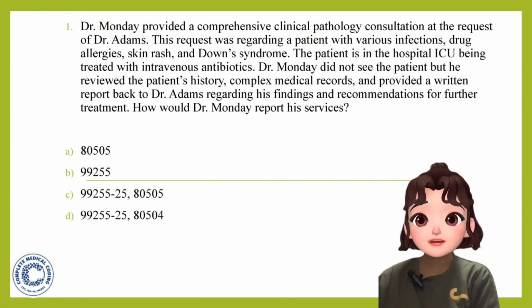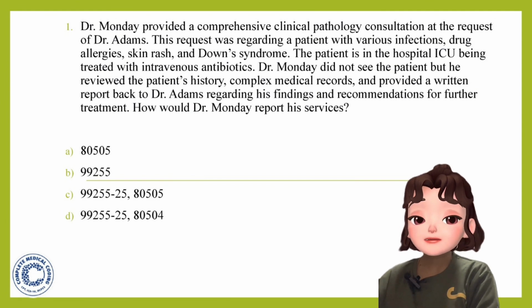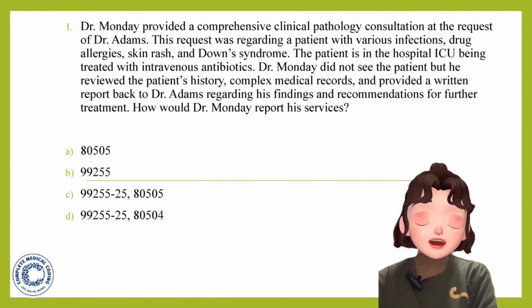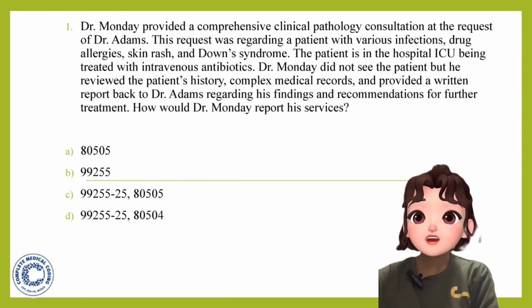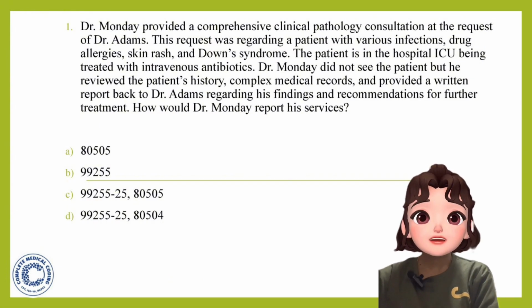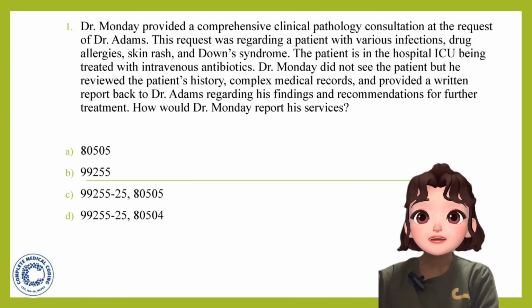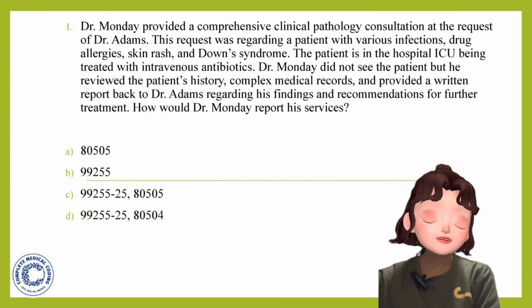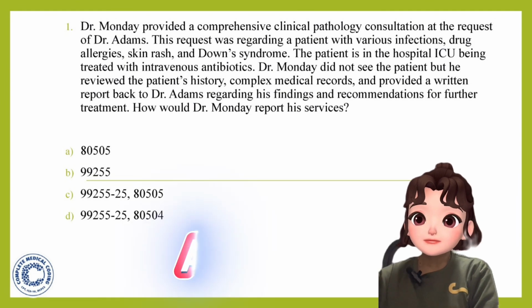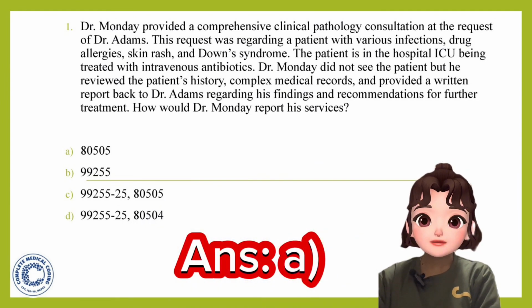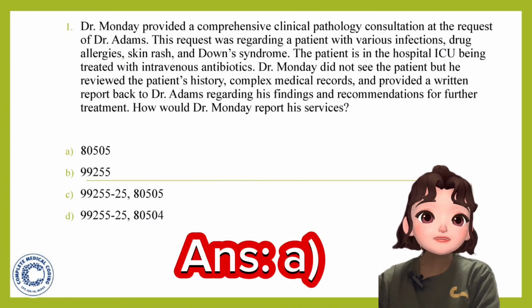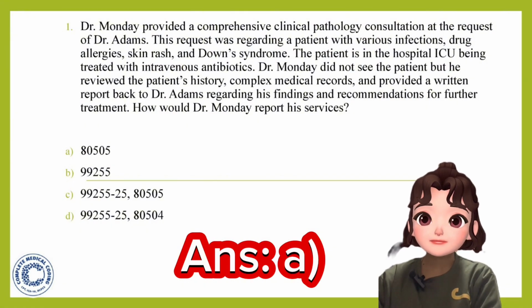That is another important point: the patient has a complex medical record. So what is 80505? 80505 is where the pathologist performs a clinical pathology consultation for a highly complex clinical problem requiring a high level of medical judgment. Yes, this is a complex medical history, a complex clinical problem. So 80505 is the correct code for the clinical pathology consultation. Here the answer is option A, 80505.